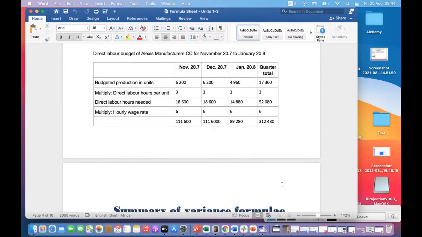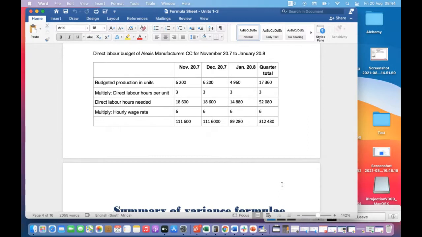Okay. Then we have the direct labor. This one is even more simple in my mind because here, all that we need is the budgeted production in units.